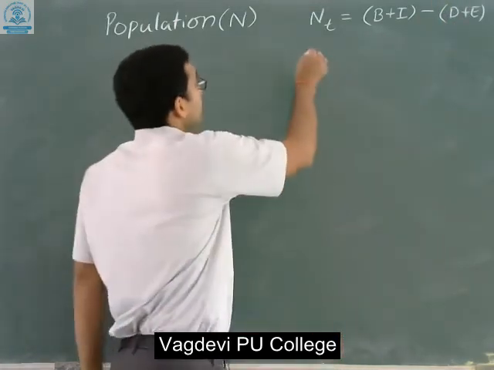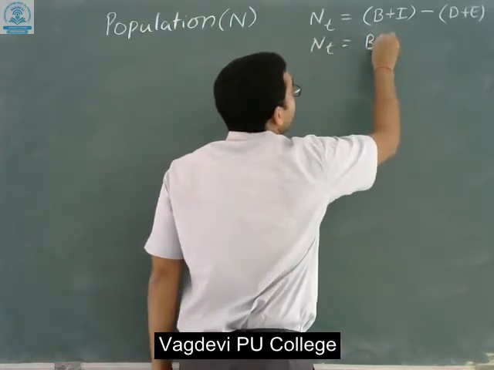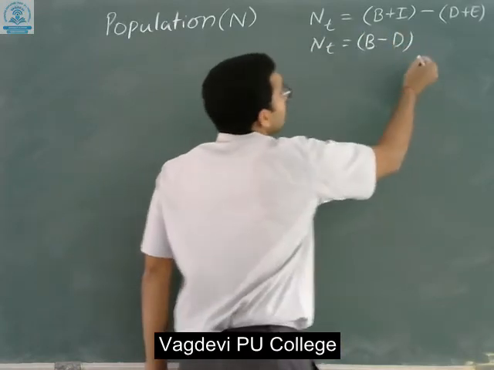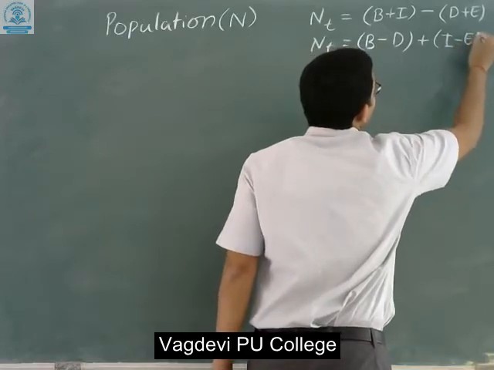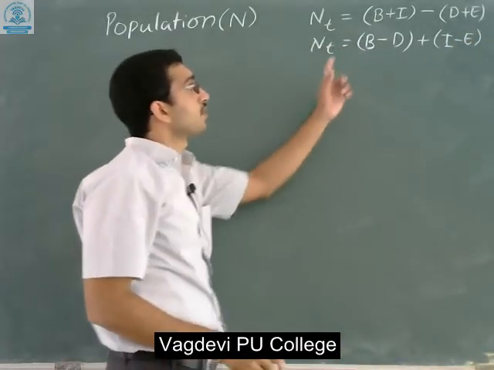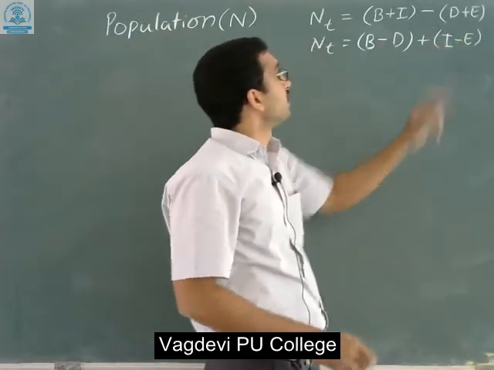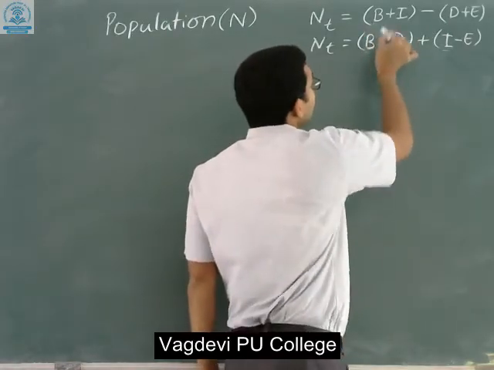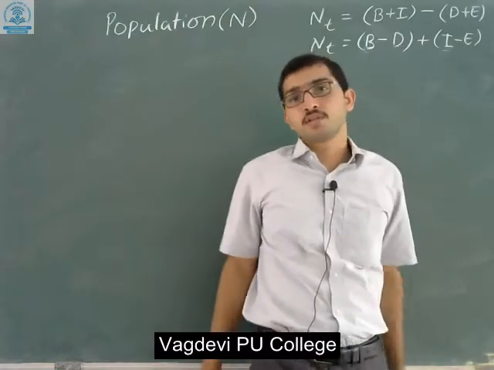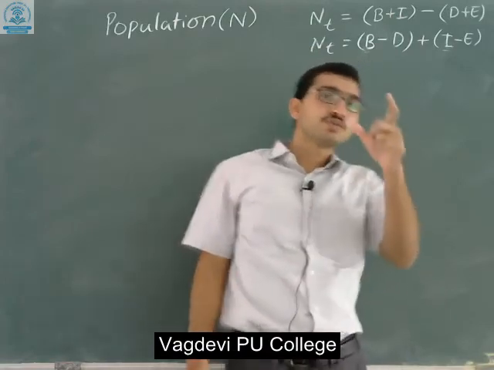This equation can also be written as number of births minus deaths, plus number of immigrants minus emigrants. So this equation can be written in two forms. Even in multiple choice questions, the population density equation might be given in different forms, so you have to choose wisely.